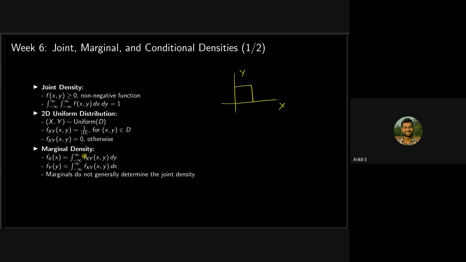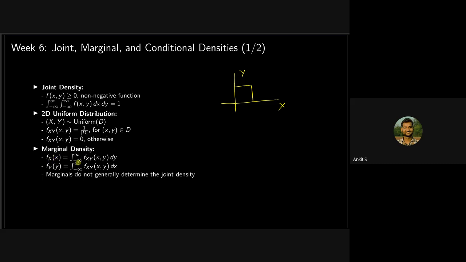And then how do you calculate marginal densities? The concepts that we discussed for discrete random variables were the same, the only difference here was that the sums were replaced by integration. Suppose we are considering two random variables, x and y, and we want to find the marginal of x.